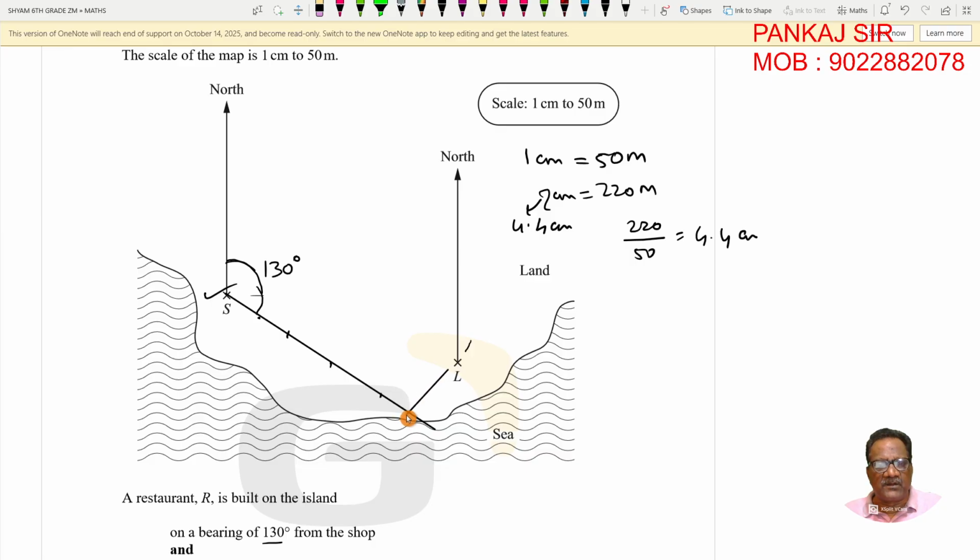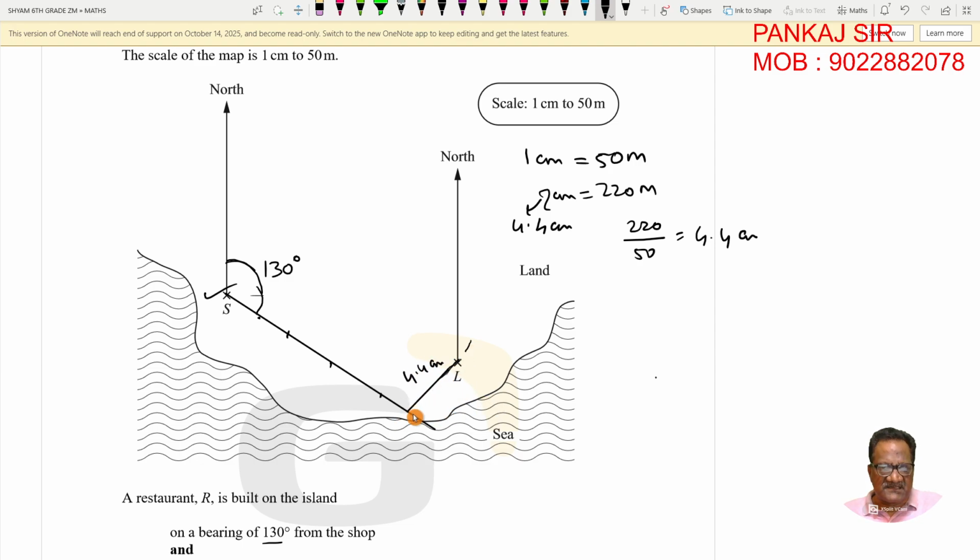Okay, this line, and it should be on the island only, it should not enter the sea, right? So this particular perpendicular should be 4.4 centimeter. This should be 4.4 centimeter, right?